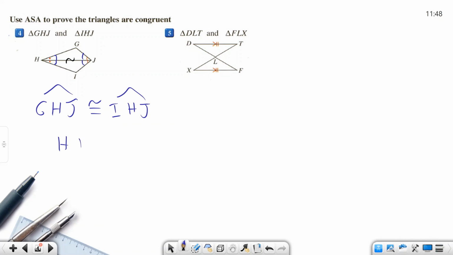So AJ is a common side. It's a common side. So this is angle. This is side. So the last one is another angle, GJH. So as you see, this is GJH. It is congruent with this one, HIJ.